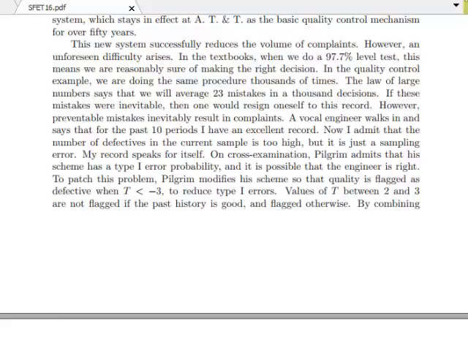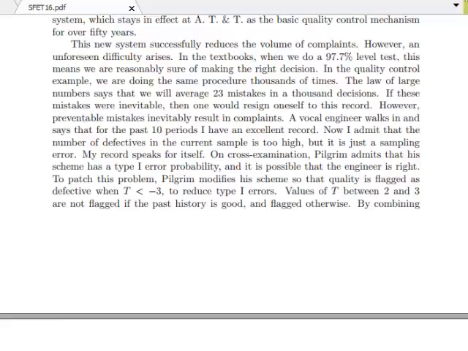So what people thought about this and said that, okay, this sounds like a reasonable thing. So what we'll do is we will say, okay, between 2 and 3 standard deviations we put down a red flag, but we don't actually call it out. Now if somebody receives red flags in succession 2 or 3 times, then we say, okay, there's something wrong.